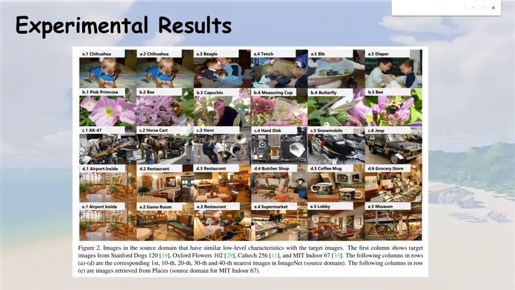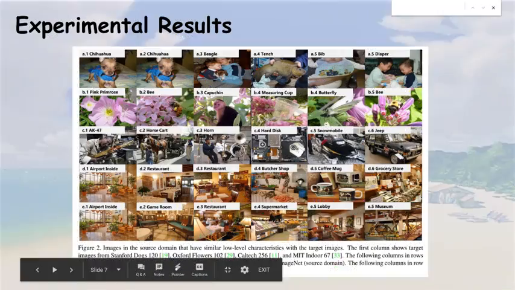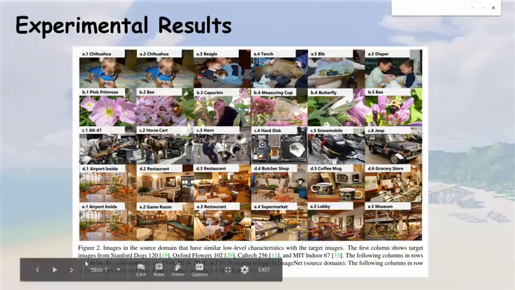These are some examples of data that it was able to identify in that low-level feature space. Here we have from our source domain, and here we have near neighbors that we found. So this is the nearest, the 10th, the 20th, 30th, 40th, so forth. You can see, okay, nearest neighbor, we're finding flowers.